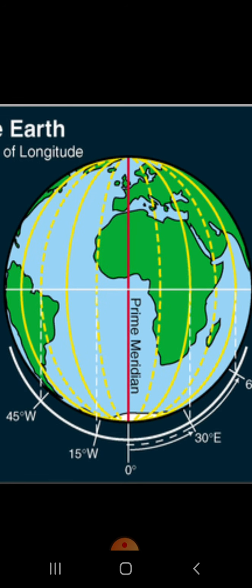See the picture. The red line connecting the North Pole and South Pole is the 0 degree longitude. We call this longitude the prime meridian.